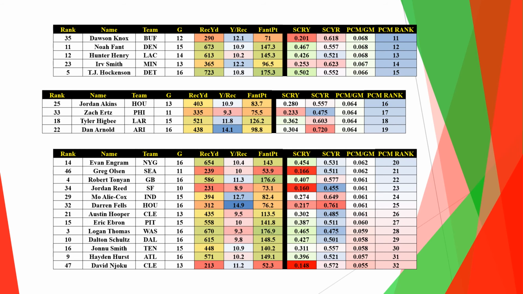Then we have Akins, Ertz, Higbee, and Arnold. I'm not sure how much meat's on the bone at this point. Ingram was fairly well, and Robert Tonyan, and Logan Thomas, Hurst.